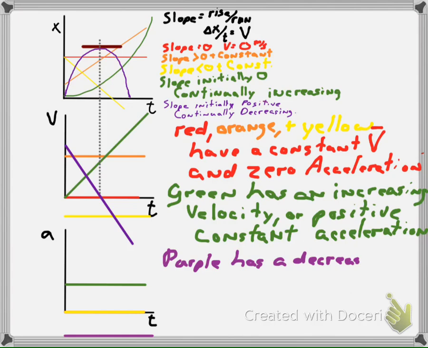So what's happening there? If we look, red, orange, and yellow have a constant velocity, so they have 0 acceleration. Green has an increasing velocity or positive constant acceleration. And purple has a decreasing velocity. And it starts positive, goes to 0, and goes negative.